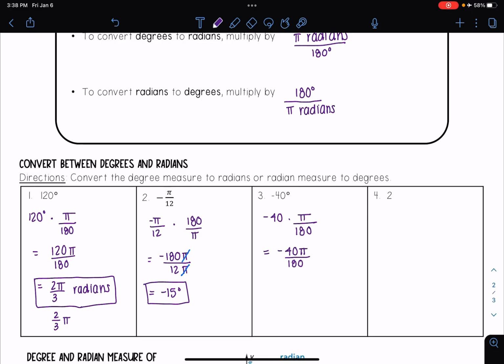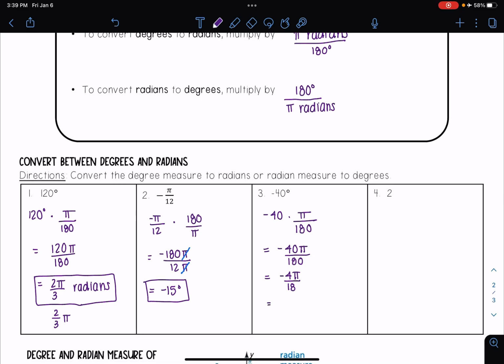Now I need to simplify this fraction, so let's take this step by step. I see they both end in 0, so I can divide by 10 on top and bottom. When I do that, I get negative 4 pi over 18. Then I see that these are both even numbers, so I can divide by 2 on both, and I get negative 2 pi over 9 radians.